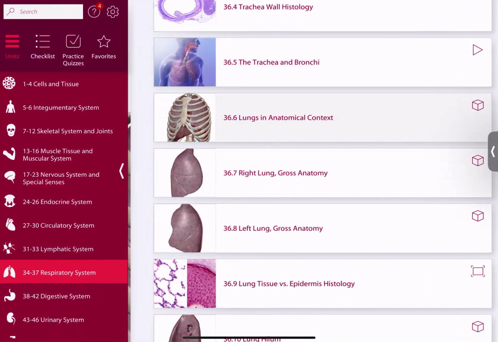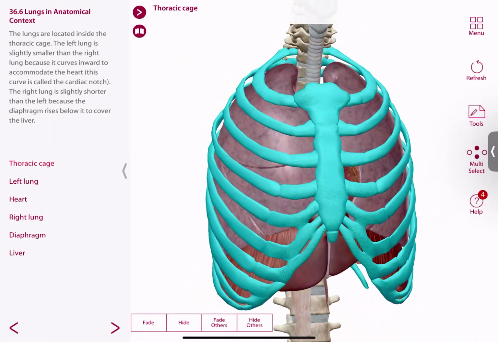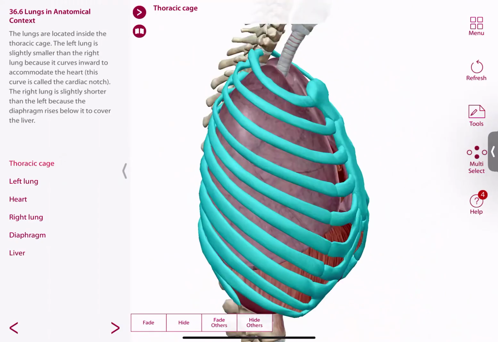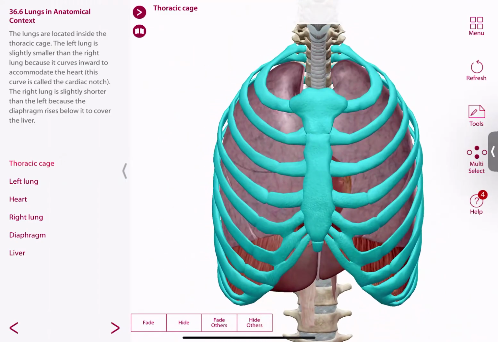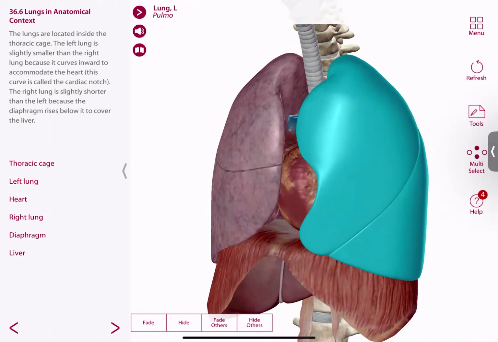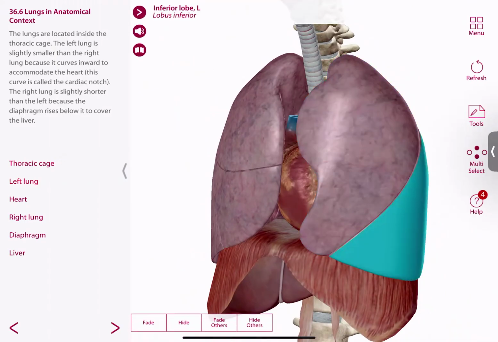Now, coming to the lungs, you can see the lungs are well protected by the thoracic cage from the front. Even the vertebral column behind will serve to protect the lungs partly. Now, the left lung is slightly smaller than the right lung. As you can see, it has only two lobes. The first lobe is called the superior lobe. The second one is called the inferior lobe.